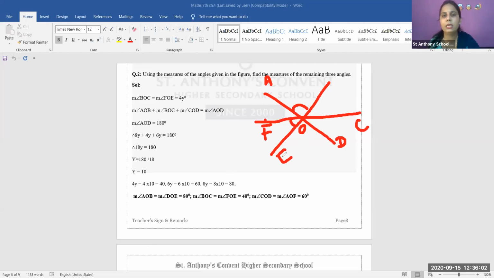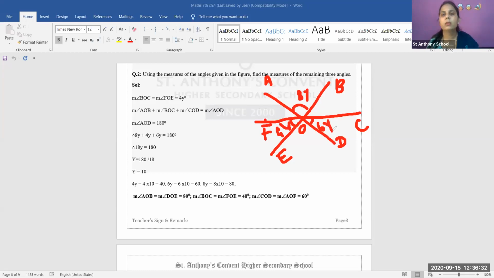This line AD, EB and FC intersect each other at point O. Measure of angle EOF, they have given 4y. AOB has been given 8y, and COD has been given 6y.